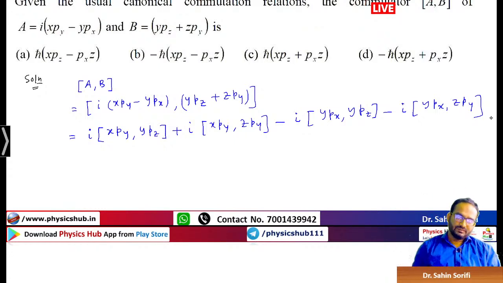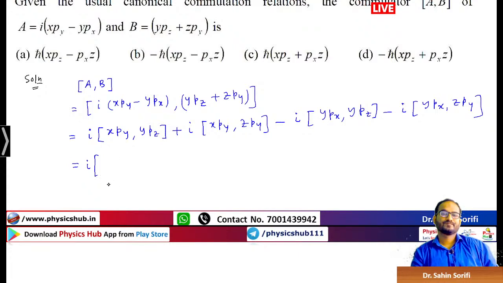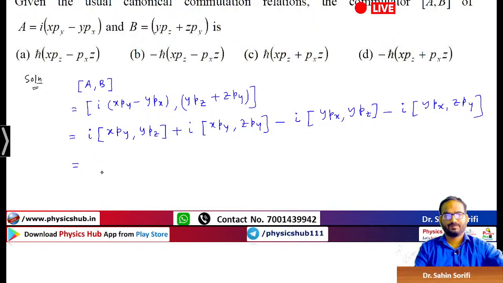Now I think after this much you can easily move forward. Everywhere i is there, so you can take i common. So i x py y pz. So first consider this one.